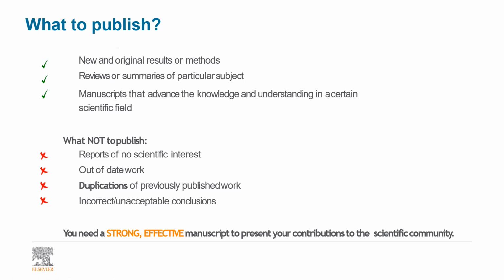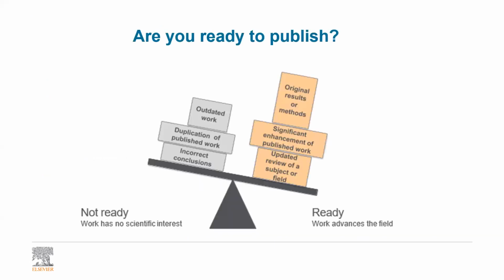To allocate all of these points and see what exactly I'm ready to do, what the new data, the new methodology and the new results are that I have to work on, I need this information by having my data and searching for information, and I need to ask myself whether I'm ready to publish or not.